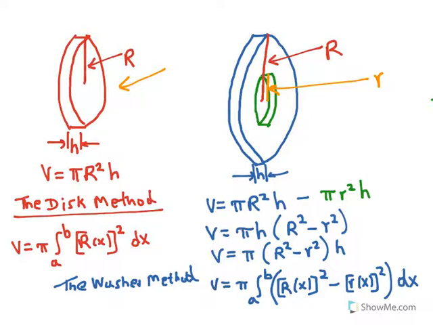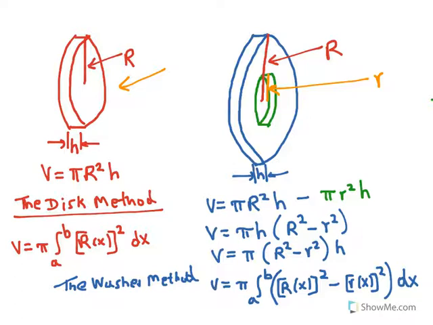So what is the washer method, and how does it relate to the disk method? The development follows the same process that I just described, but the only difference is this. When you use the washer method, you use it when you have a solid of revolution that has a hole in the middle.